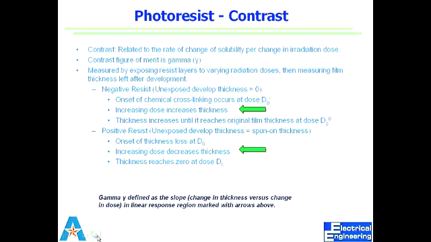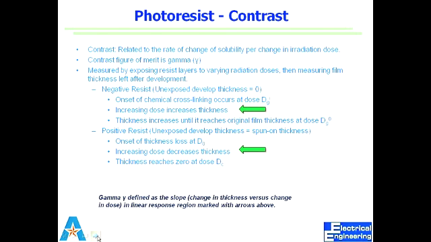That thickness goes on decreasing as the exposure continues, as the dose continues changing the resist property. So increasing dose decreases the thickness. As it continues, this thickness keeps on going down because more and more part of it changes chemically in case of positive resist.